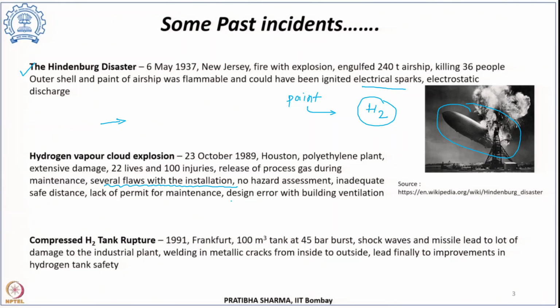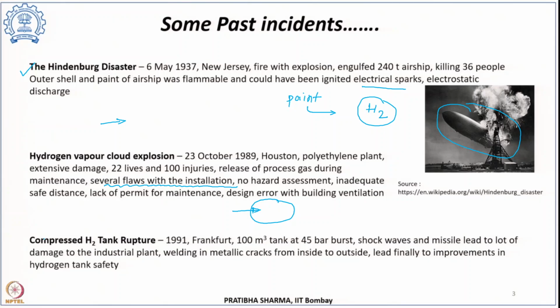You have already studied what happens if hydrogen leaks in a confined building or confined space. A different effect will be there, which I will discuss. And you know that hydrogen is very explosive in the presence of open atmospheric oxygen. A very small percentage of oxygen is enough to burn or ignite the hydrogen. I will show you the data. This data is important also.